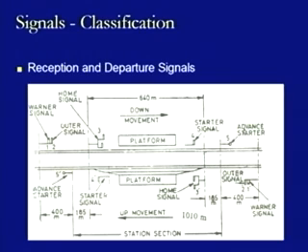Here, all four categories of signals are shown on the basis of their locational aspect, as we have defined the two categories, the reception signals and the departure signals. What we can observe is that there are two main tracks, one is this track, another one is this track.